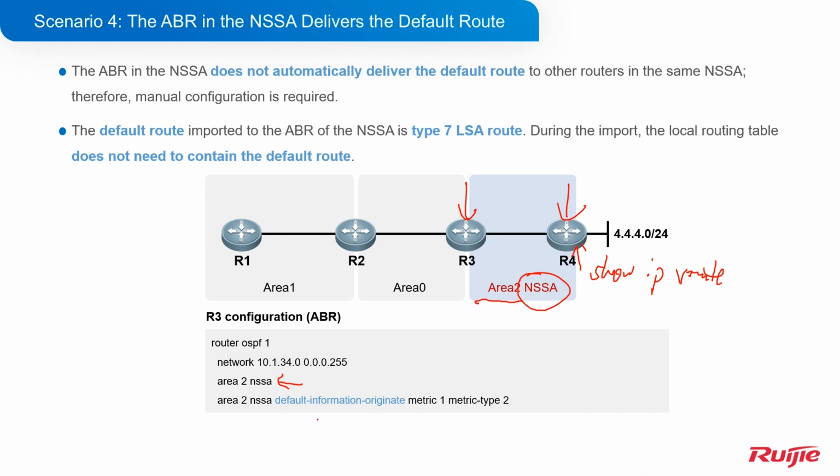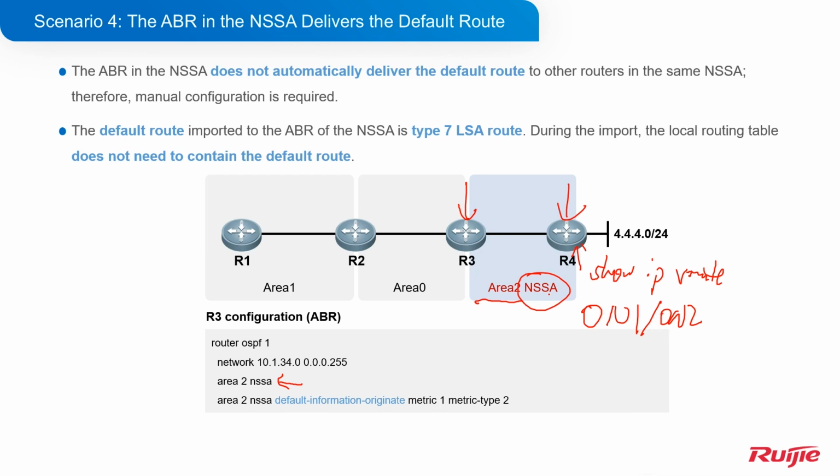Now, if we use default-information originate, we can see the default routing information on the R4 device, and with show ip route, we can see the O N1 or O N2 routing entries in our routing table. Okay, so why are they marked O N1 and O N2?